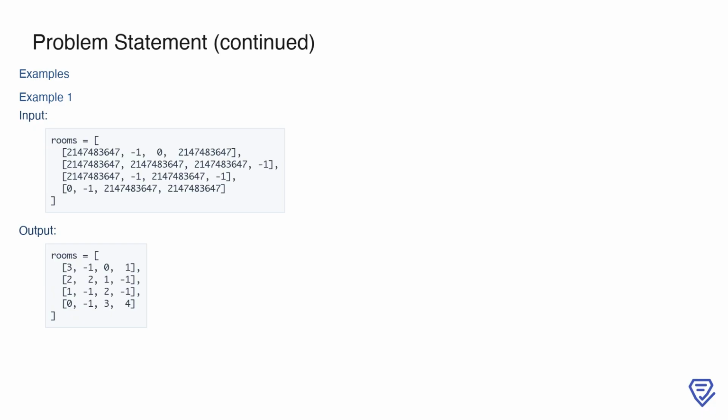Here, the task is to determine the shortest distance from each empty room, represented by 2147483647, to its nearest gate, represented by 0.